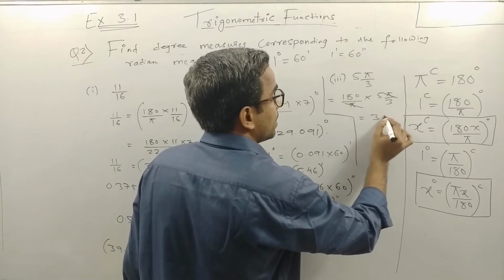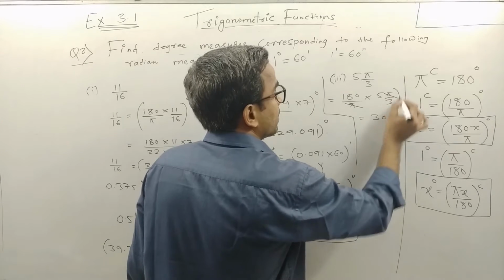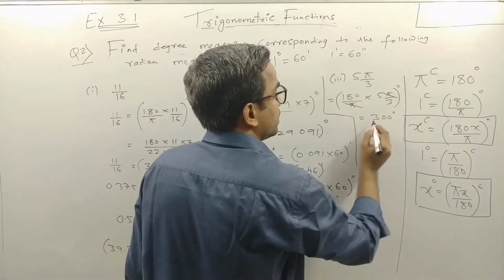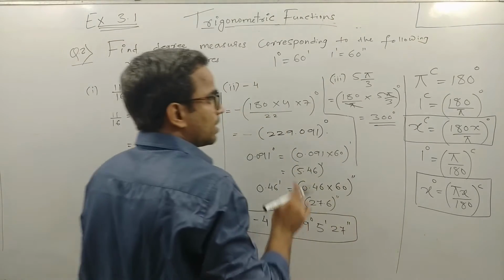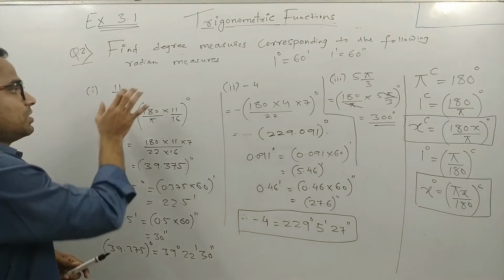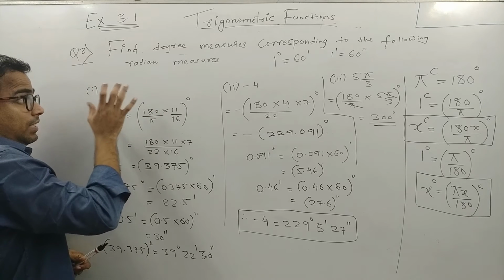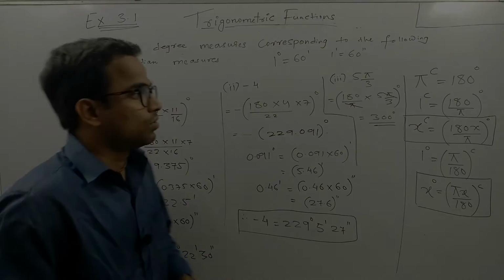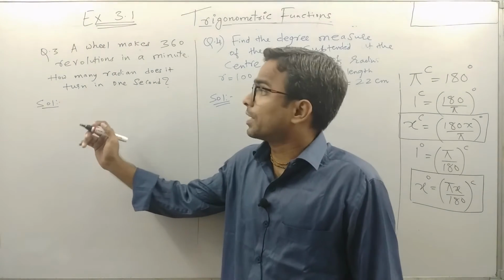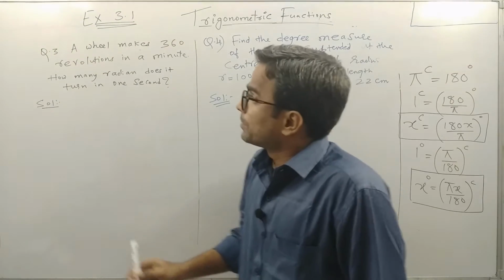This comes out to be 300 degree, as this entire thing is in degree. So this is 300 degree, right? So that is how we convert for a given angle measure in radian to degree, and then minutes, and then seconds. So this is your third sum in exercise 3.1.